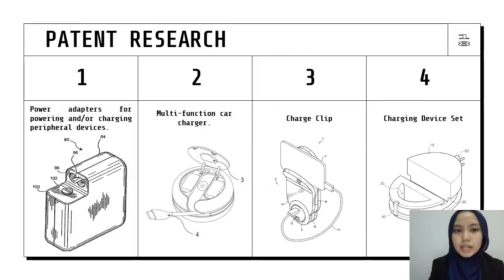Pattern research has been done on 10 products that exist in the market. Because self-organized USB cable chargers are new to the market, I only managed to get 10 designs that have similar function to a self-organized USB cable charger.